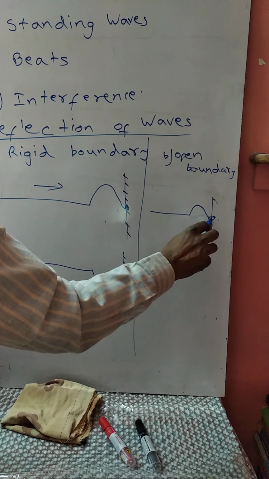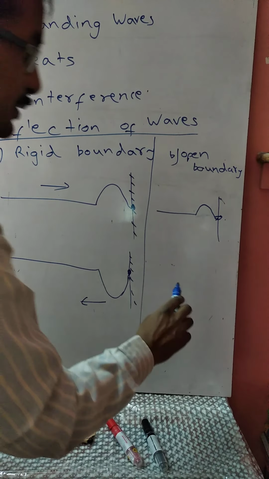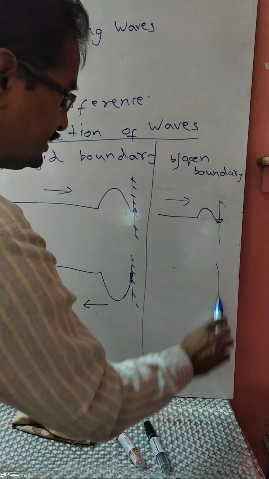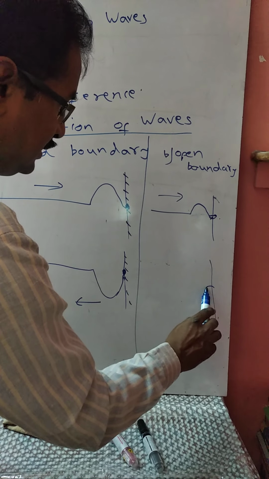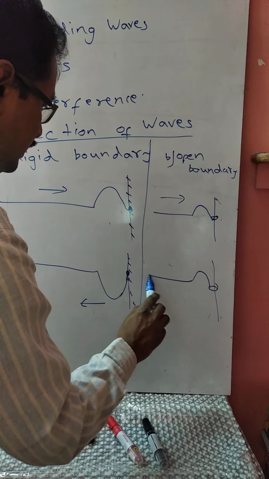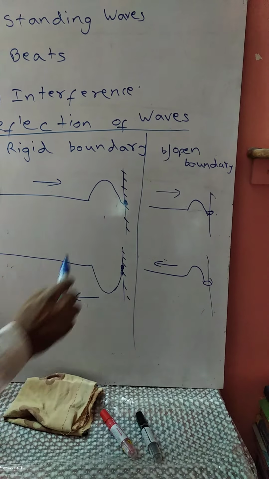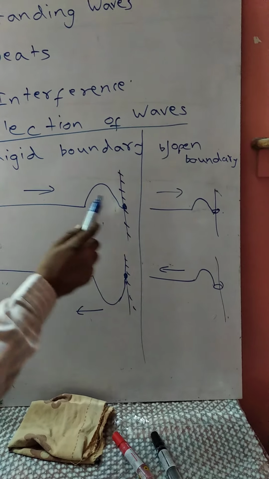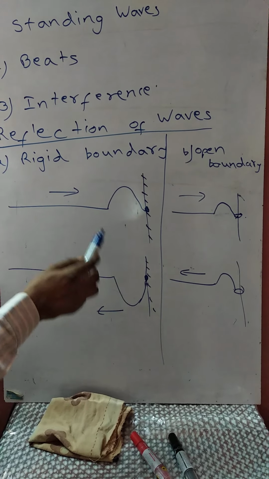Then what is going to happen? Here it is traveling along the positive x direction, and after reflection, without any phase difference, the wave or pulse is reflected back. So here there is no phase difference, and there 180 degrees phase difference.